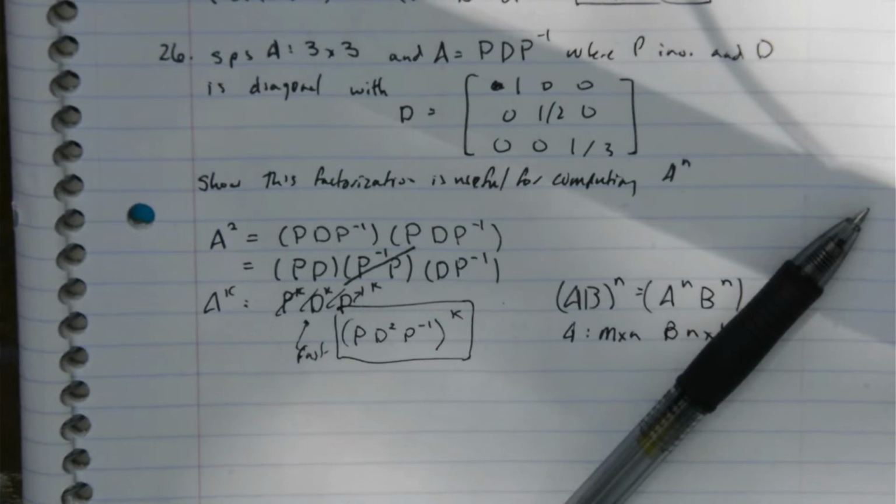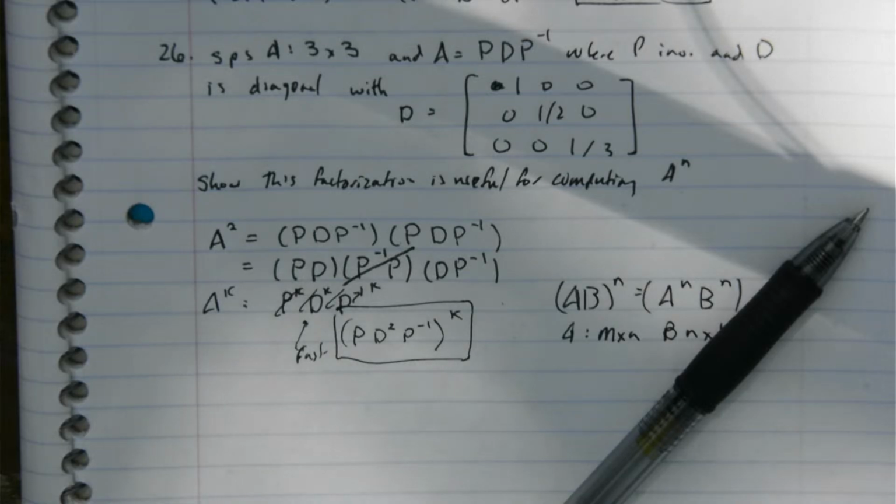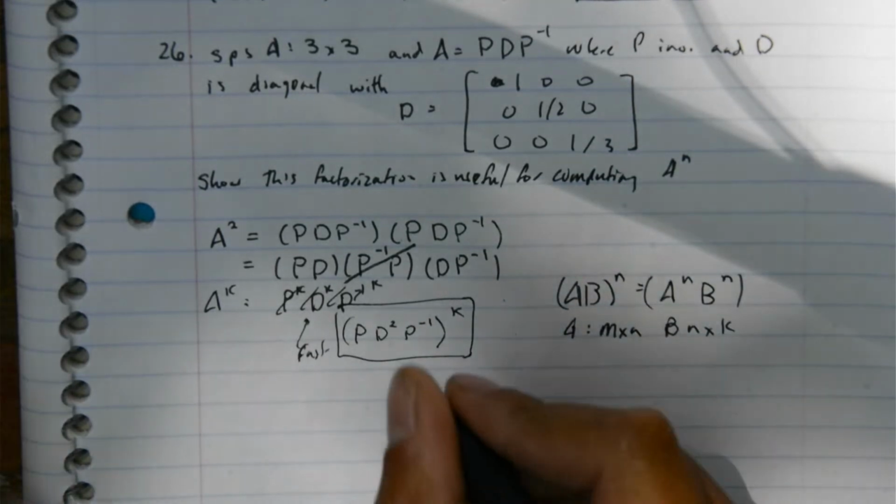Okay, so let's just double check. For matrices, is (AB) to the n equal to A to the n times B to the n? And I'm almost certain it's not. Yeah, it would only work if it was commutative. Yeah, so this is the actual formula.